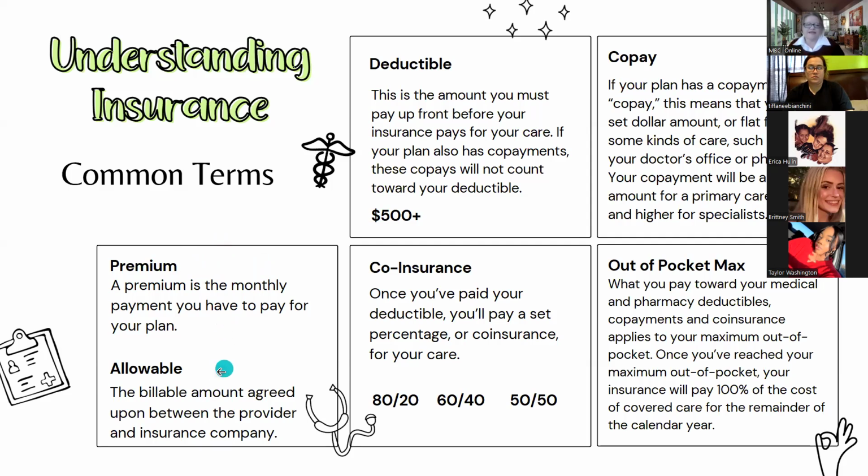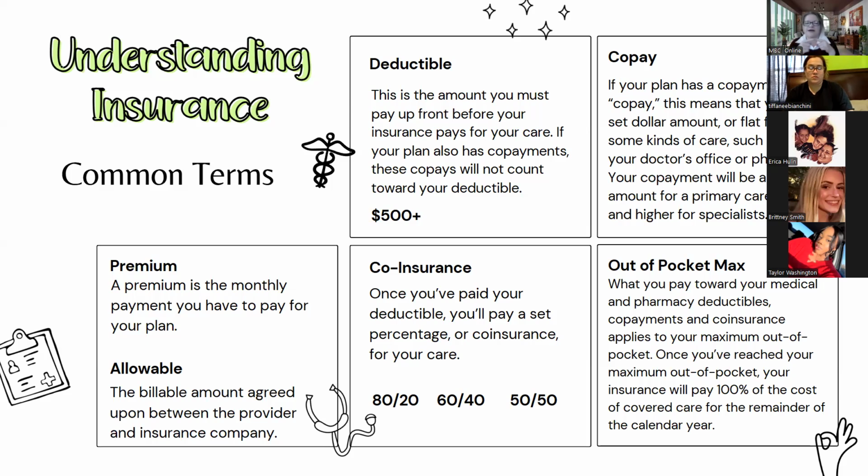Okay, the allowable amount. You usually only hear about this in the terms of insurance billing. The allowable amount is the billable amount agreed upon between the doctor or the provider and the insurance company.